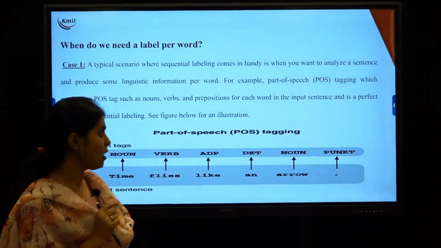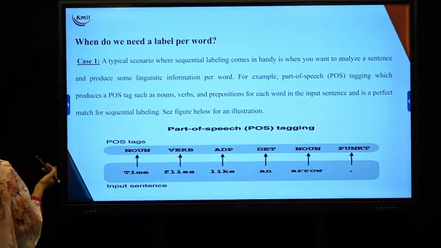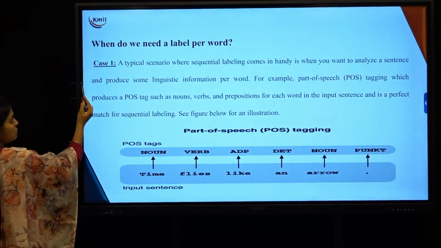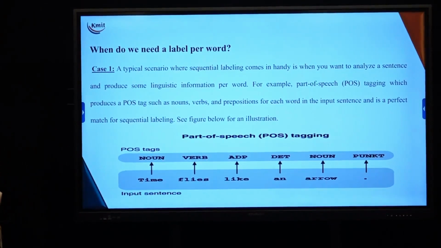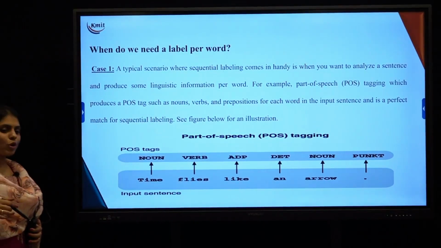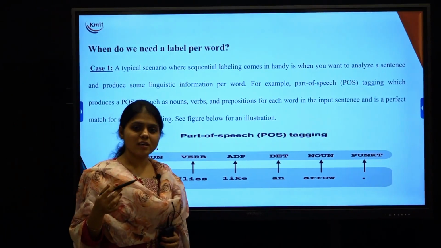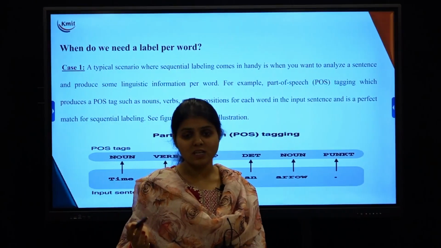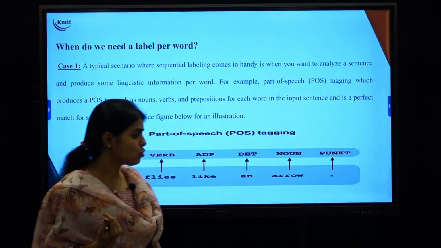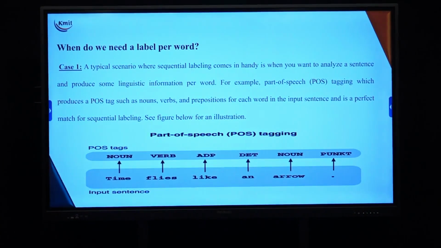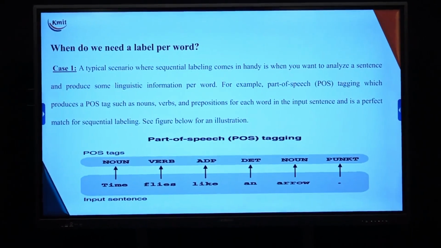Let's take case 1. In case 1 we are going to discuss POS tagging, parts of speech tagging. We know how important parts of speech is in the context of learning any language, right? So when do we need a label per word?